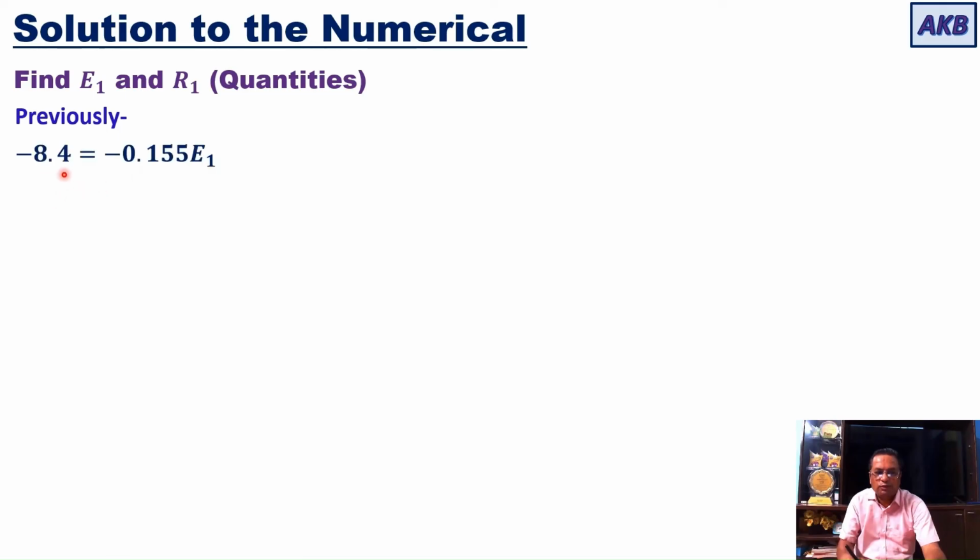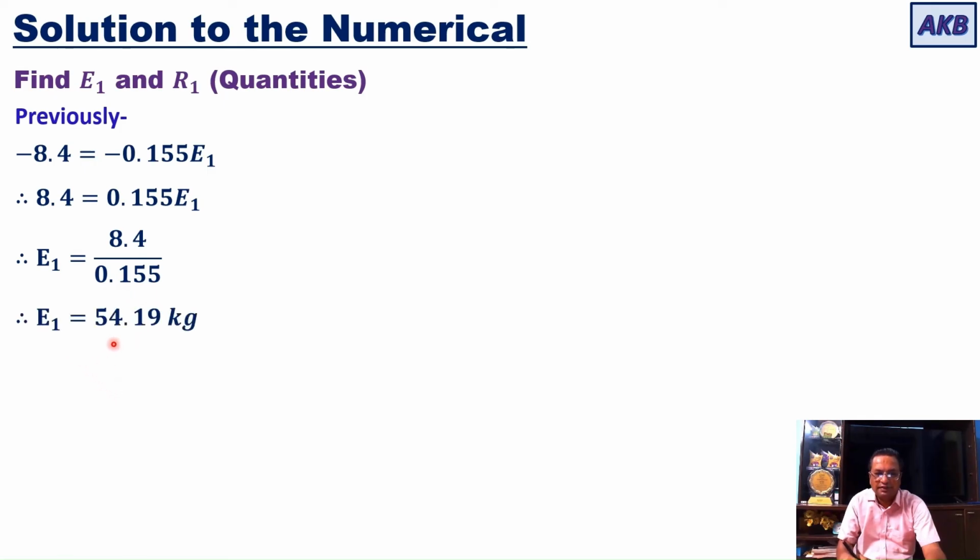So minus 8.4 is equal to minus 0.155 E1. That is 8.4 is equal to 0.155 E1. That is E1 is equal to 8.4 divided by 0.155. That is E1 comes out to be 54.19 kg. And since the equation for R1 is 140 minus E1, you can use the calculated value.